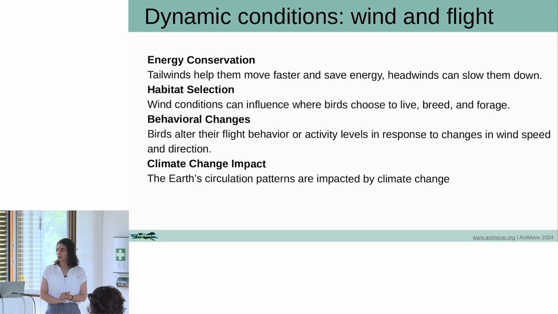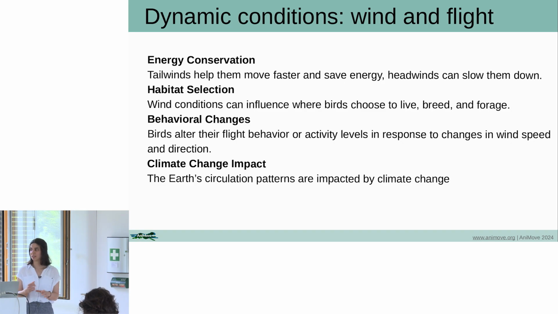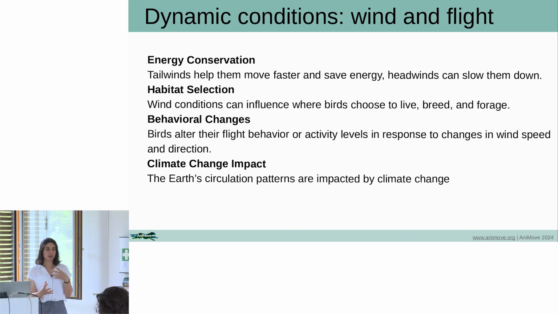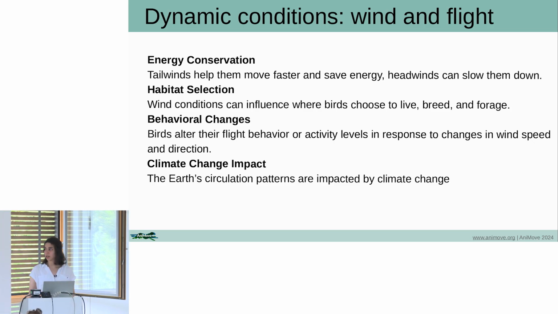Birds alter their flight behaviors or activity levels in response to changes in wind speed and direction, also at many different scales. And we know now that climate change can also impact wind conditions, and that could influence how birds operate. For example, migration routes could be impacted, or breeding ranges could be not suitable anymore for some species.